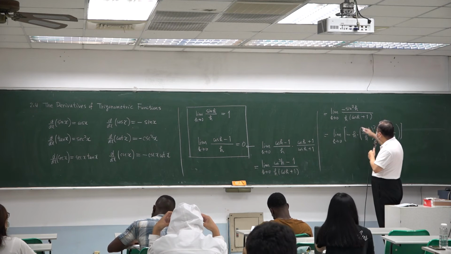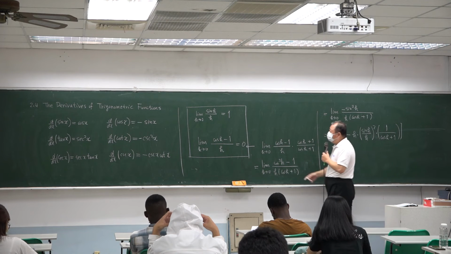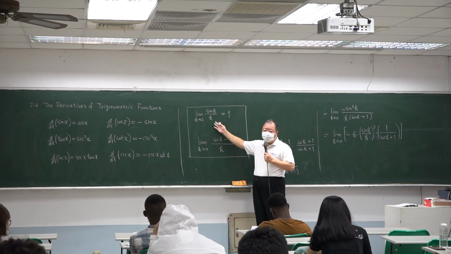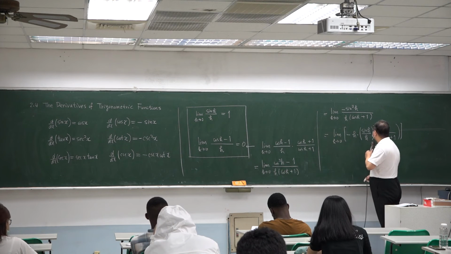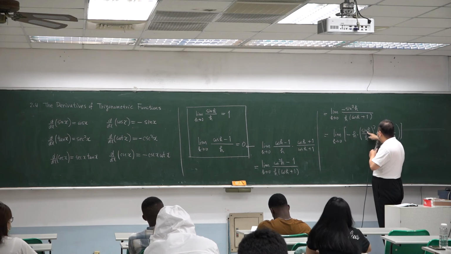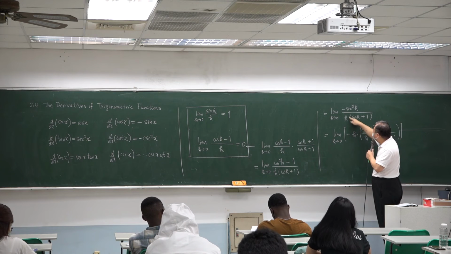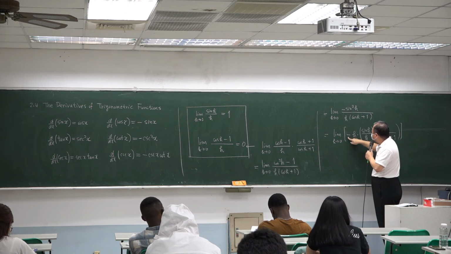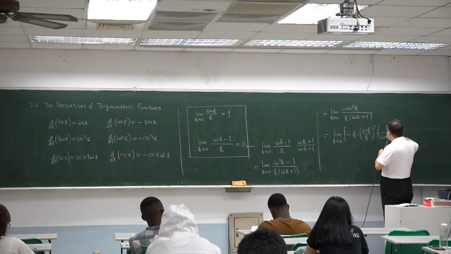Okay. We modify this expression in order to use the result we have derived before. So, sine squared h over h squared, so we can keep only one h here. Minus sine is here, and finally we have cosine h plus 1.